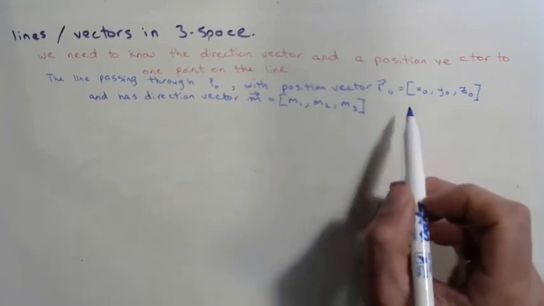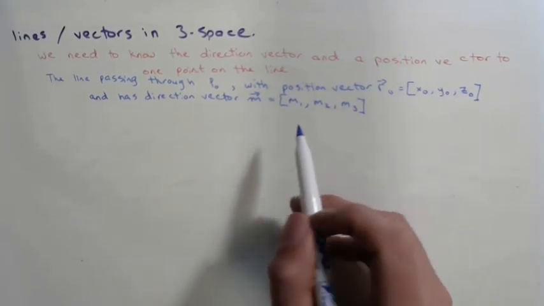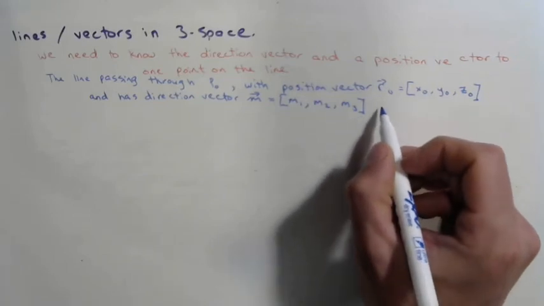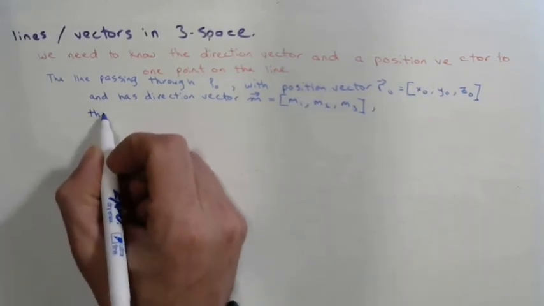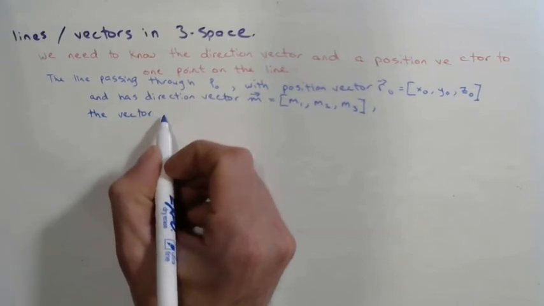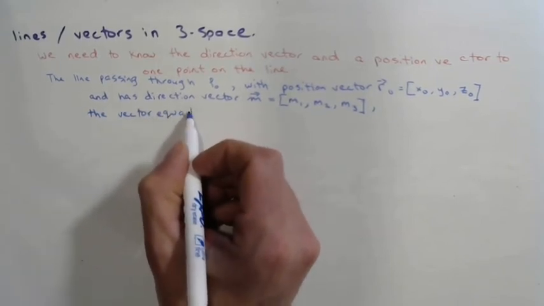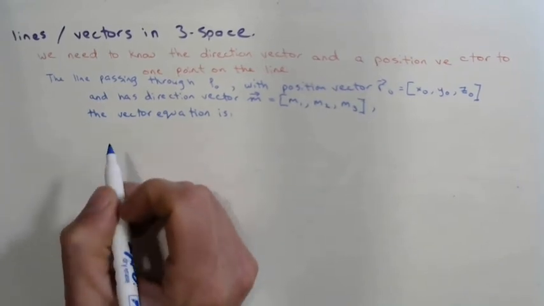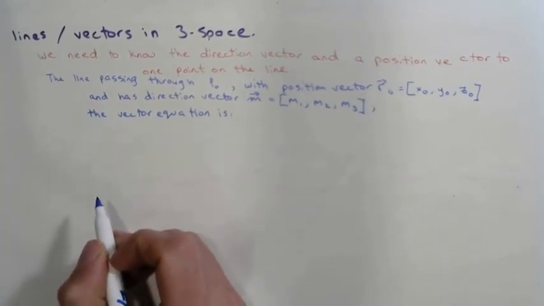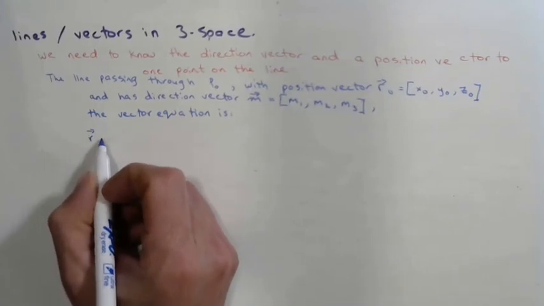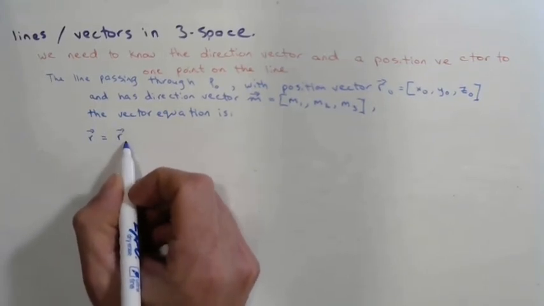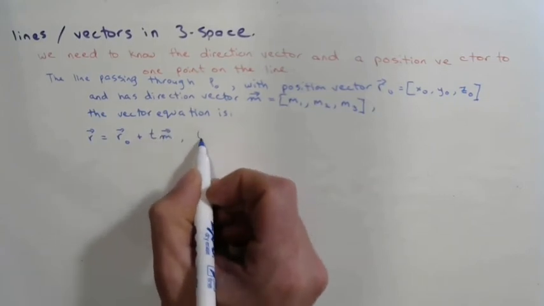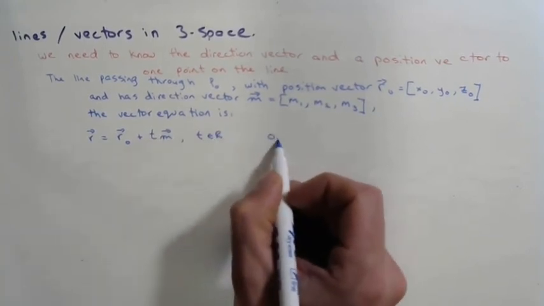And so if we know a position vector and the direction vector, then the vector equation is, and I put vector equation on a new line because I'm also going to write underneath this a parametric equation. So it has two forms. The first is r is equal to r naught plus some multiple of our direction vector, t m, where t belongs to the set of real numbers.